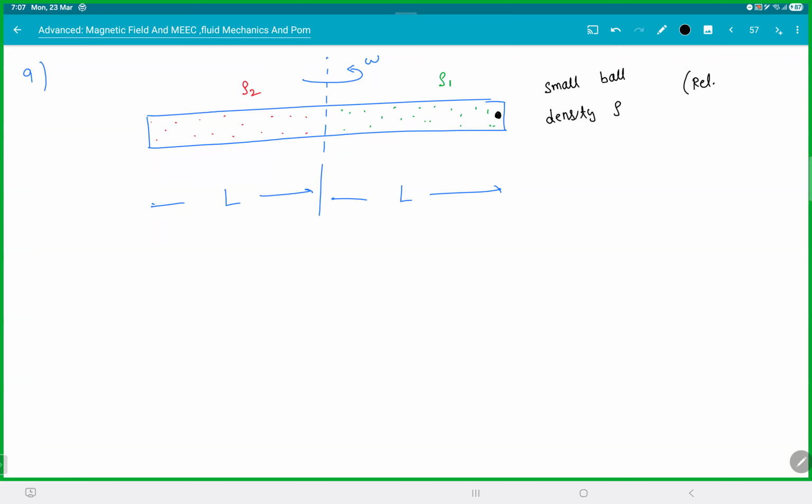So released from this corner. And the density rho is less than rho 1, less than rho 2. That means rho 2 is the densest liquid. Ball is the least dense. Neglect any gravity. Find the maximum speed.